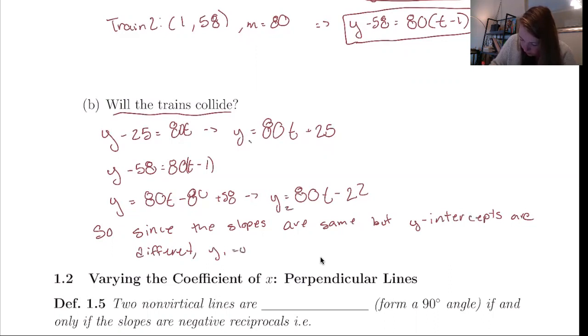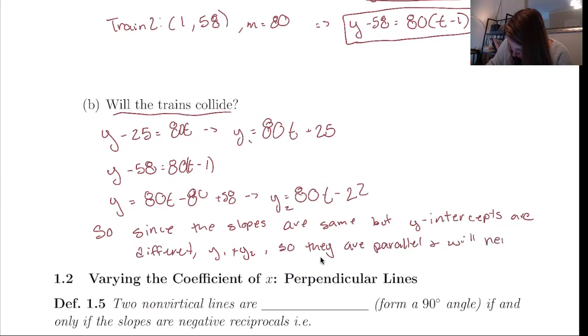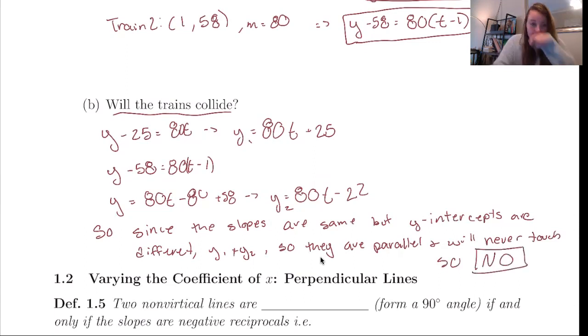We could say that y1 does not equal y2, so they're never going to be the same line. So they are parallel and will never touch. So no, they will not collide. Okay.